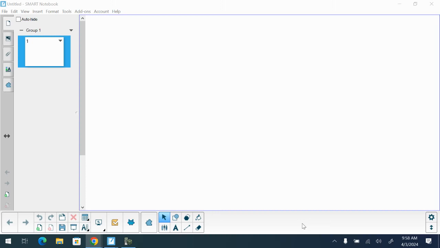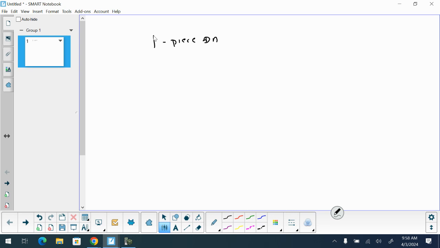All right, yesterday we started talking about central limit theorem. Once again, in the central limit theorem, when you're just looking at one piece of data, we can find our z-value by value minus mean divided by standard deviation.